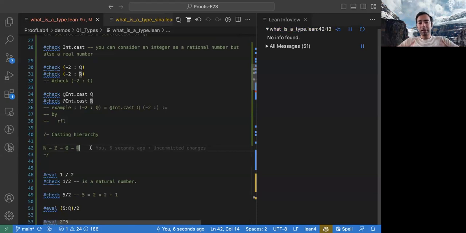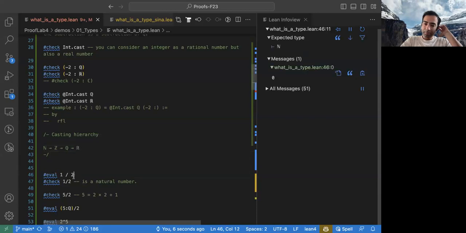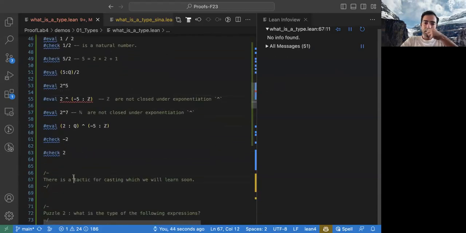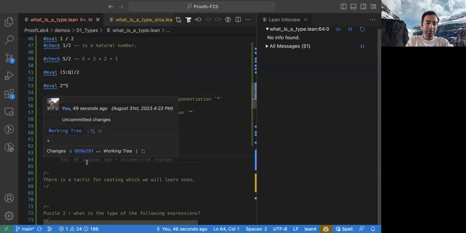And because the direction is clear, if we had one arrow that would go backward, then things would sometimes be complicated. But because all of them are unidirectional, this can be automated. And that's why we have this tactic, which we will talk about later. I think the tactic is called cast num or something, but never mind, we talk about this later.